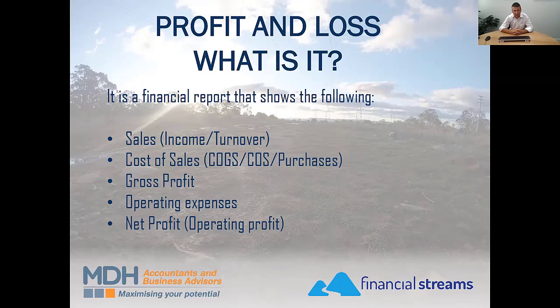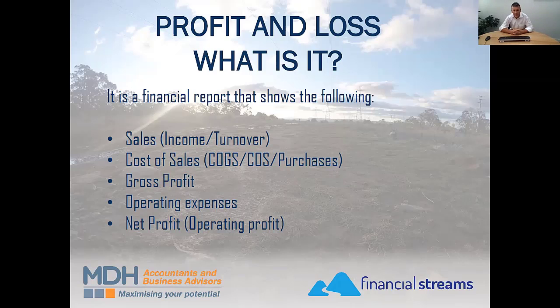Then you've got a bundle of expenses, so operating expenses. We'll go through some examples in that space. These are your overheads, what it costs us to run the business. Then you end up with your net profit. Another term is operating profit, depending on the structure or the legal entity you're trading with in your business.